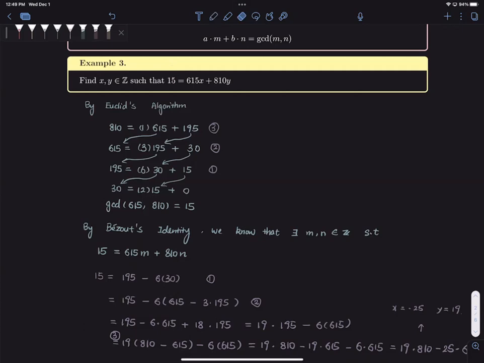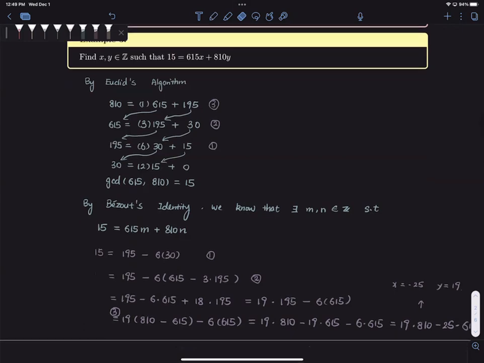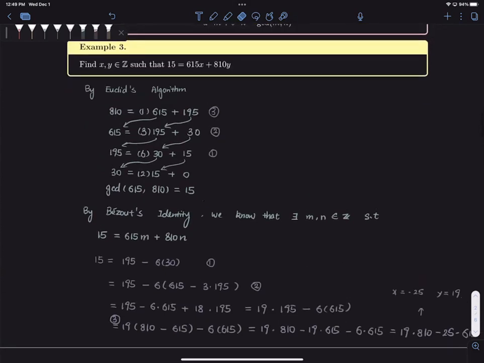Are there any other integer solutions x, y that can solve this? How did you get it?